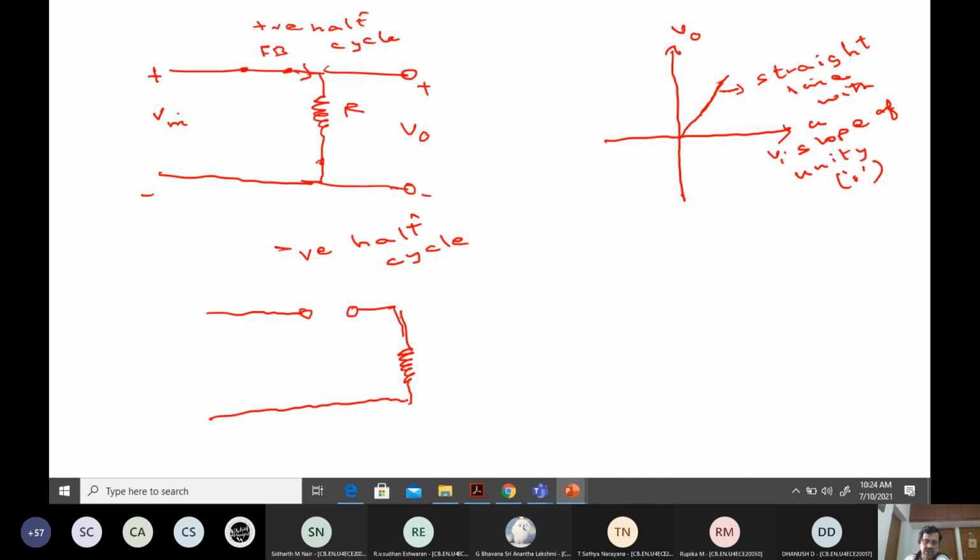So my equivalent circuit will be like this, and this is my output, and this is my negative. So the diode will not conduct. It's an open circuit condition, and therefore, since there is no current, you will get 0. So the output will be 0. Okay, so the waveform will be like this.